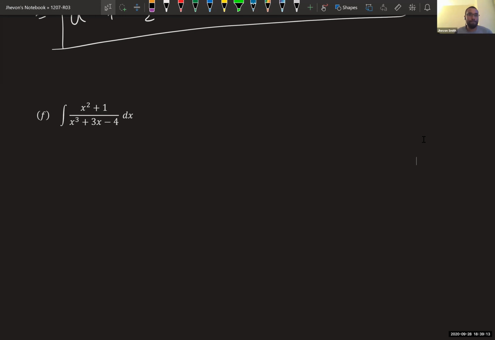Other options. So this is a random integral. What do we think first? Could you use long division? Long division of what? Like the denominator by the numerator to get like 1 plus, like we did before? When do we do that?